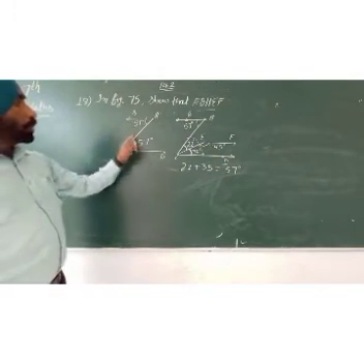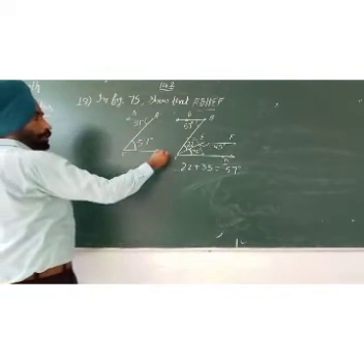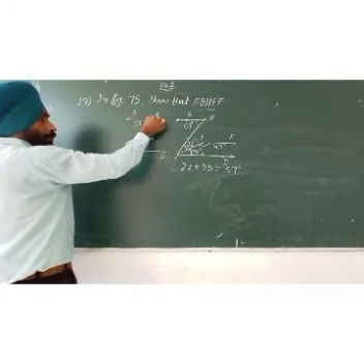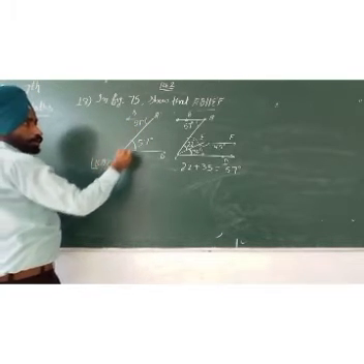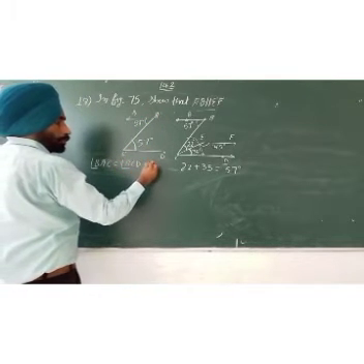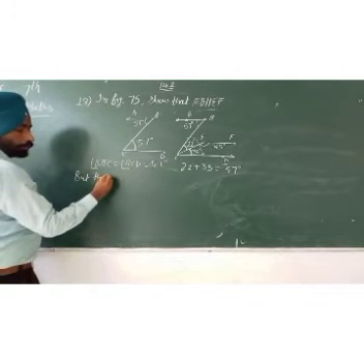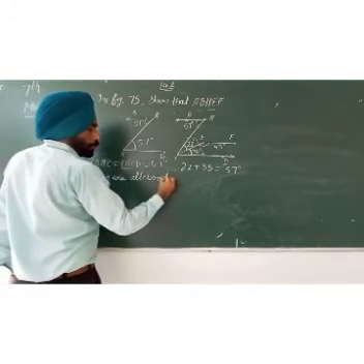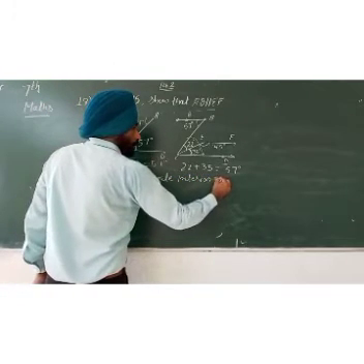Now these two angles are alternate interior angles, angle ACD and angle BAC. Angle BAC is equal to angle ACD, equal to 57, and they are alternate interior angles.